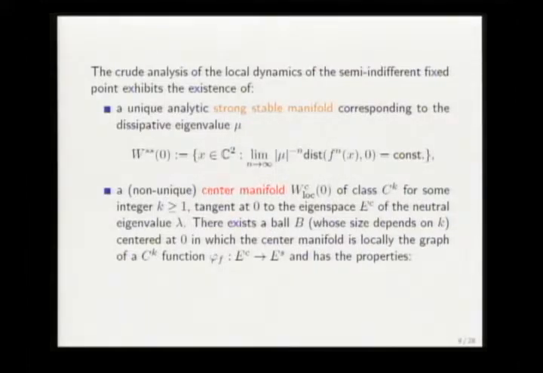The crude analysis of the local dynamics of the semi-indifferent fixed point exhibits the existence of a unique analytic strong stable manifold containing points that converge to the origin asymptotically fast at a rate close to mu, and a generally non-unique center manifold of class C^k for some fixed k, tangent to the neutral eigenspace corresponding to the eigenvalue lambda of absolute value 1.